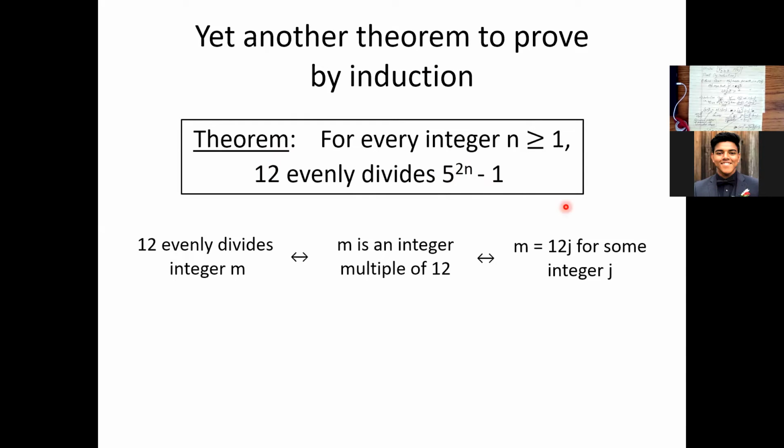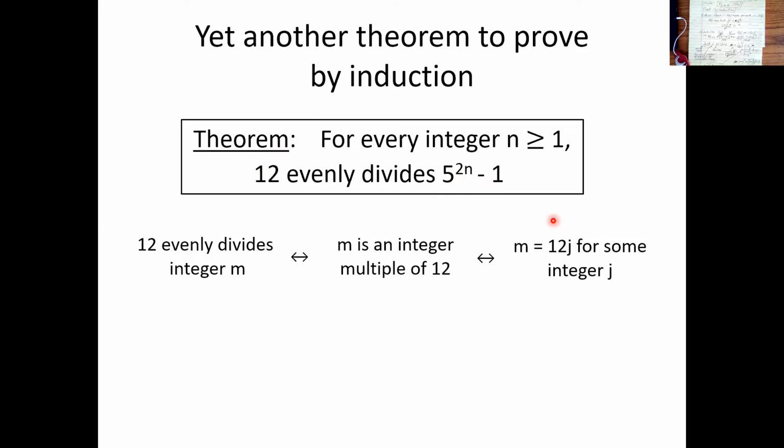Well, here's how you can read off such a statement. It's convenient to note that the statement that 12 divides some integer is the same statement as that this integer is a multiple of 12. In other words, that there exists some integer j such that the integer in question is the product of 12 and that integer j.